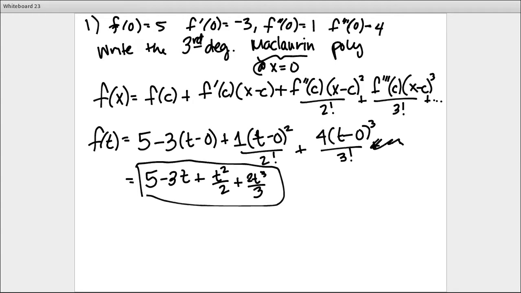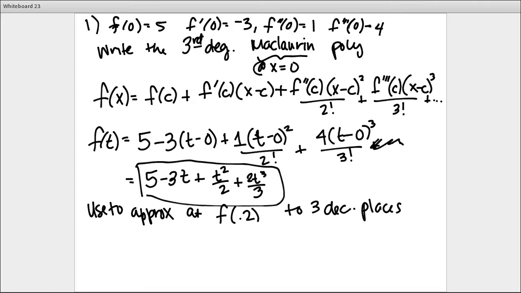We can then use it to approximate the polynomial f at 0.2, to 3 decimal places. All you're going to do is plug it in. Plug in 0.2.